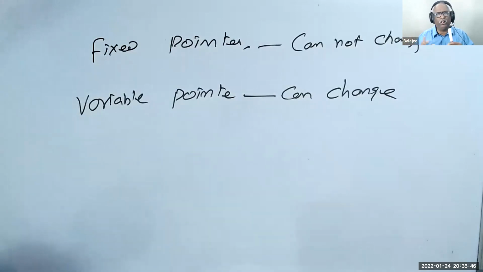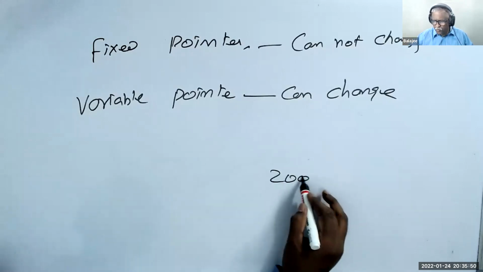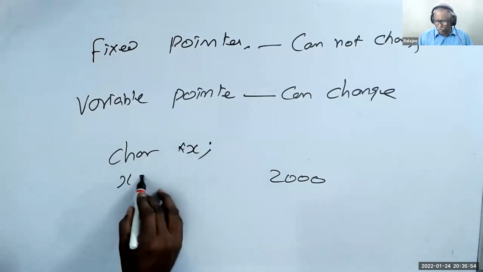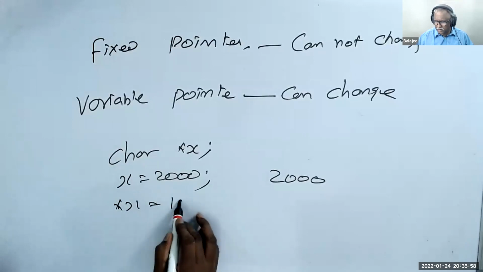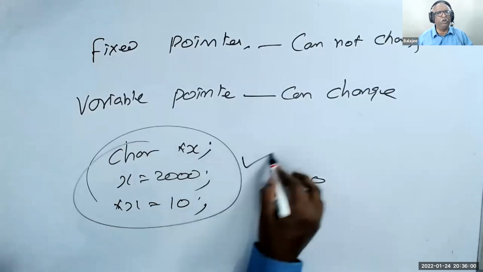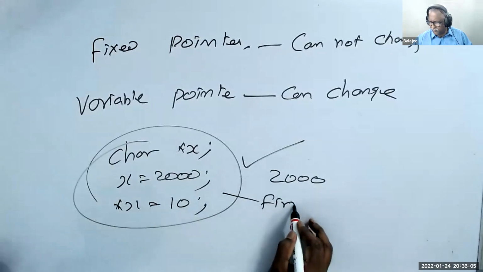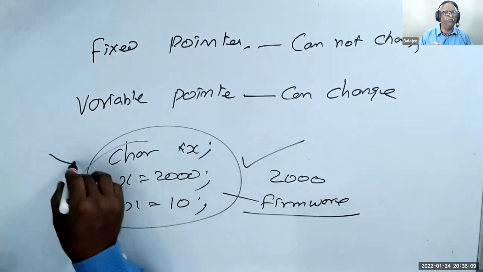For example, in a microcontroller, if you want to write to the address 2000, you put char star x, x is equal to 2000, star x is equal to 10. This is perfectly valid in your microcontroller because this is firmware. But this is wrong in software.